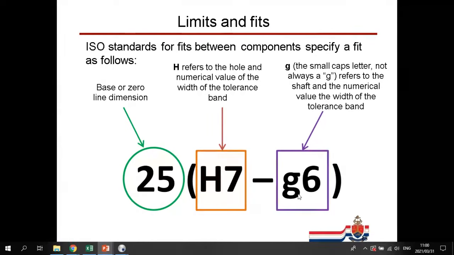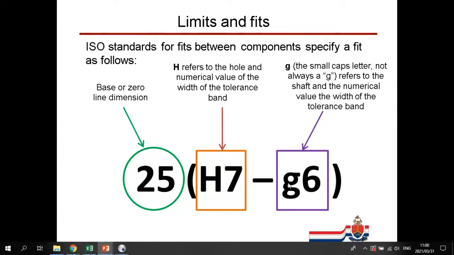Again, this kind of information would be specified by the designer of the part. So in my reflector example, I knew I wanted a certain amount of tightness between the two, and that allowed me to choose a certain fit grouping or type that gave the tightness that I wanted. The capital letter H refers to the hole, and the numerical value refers to the width of the tolerance band.